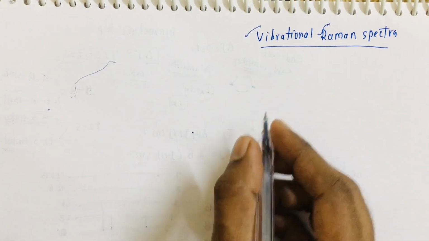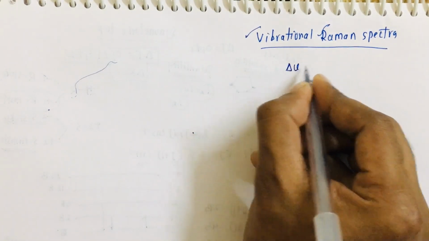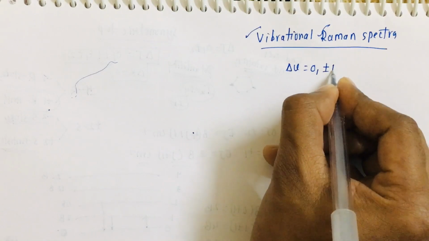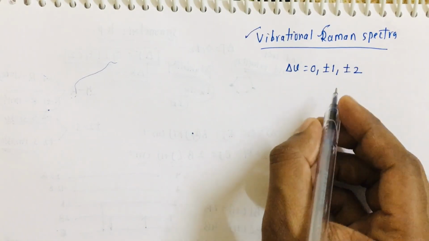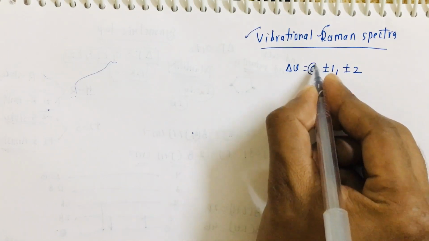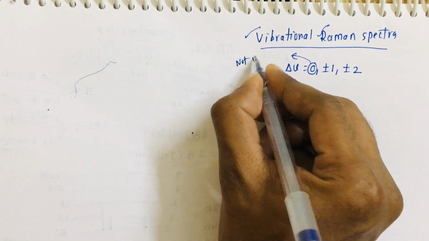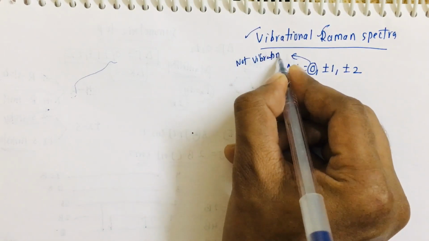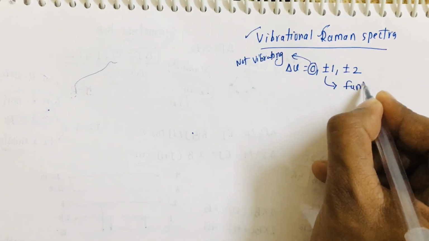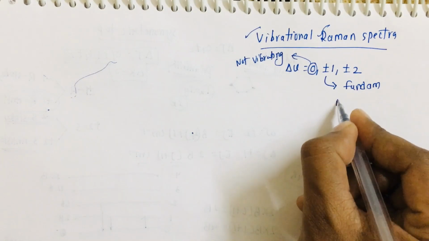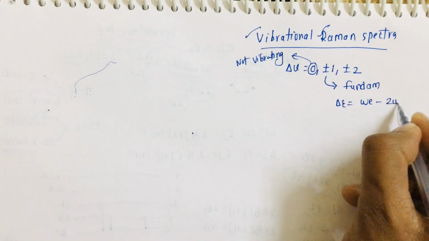And what is the selection rule here for vibrational spectra? That is delta nu equals 0, plus or minus 1, plus or minus 2. When delta nu equals 0, the molecule is not vibrating. When it is plus or minus 1, this is called fundamental vibration, and the energy of fundamental vibration we calculate using W minus 2WXC.